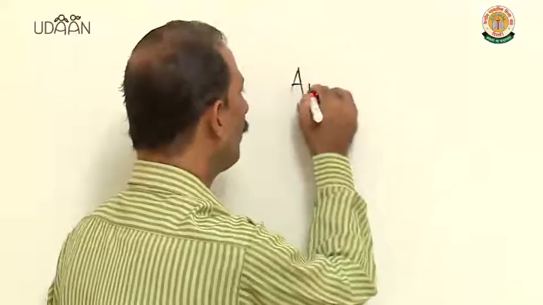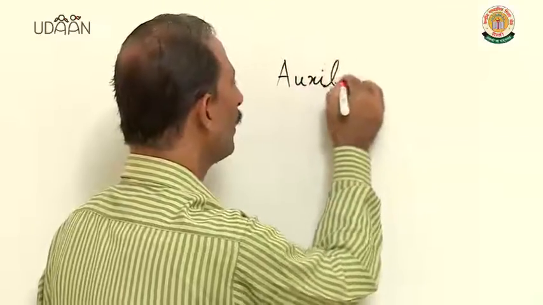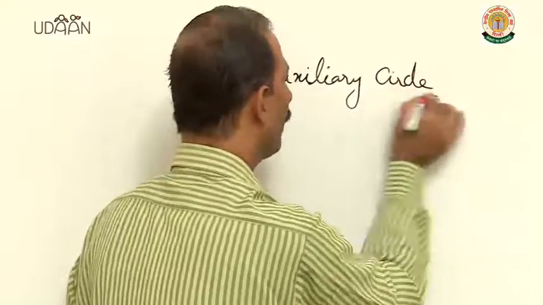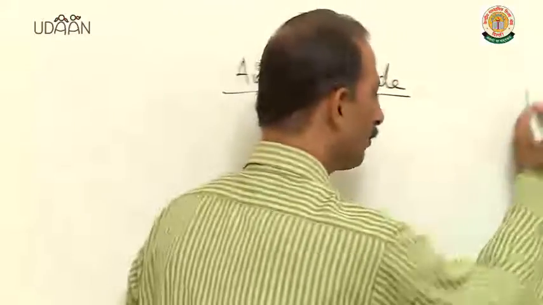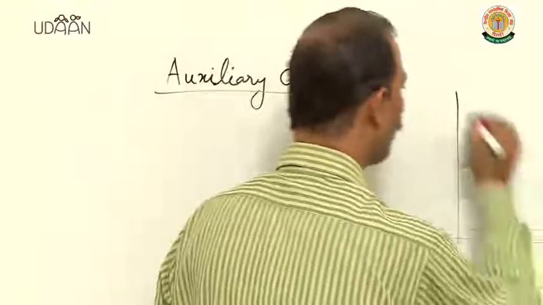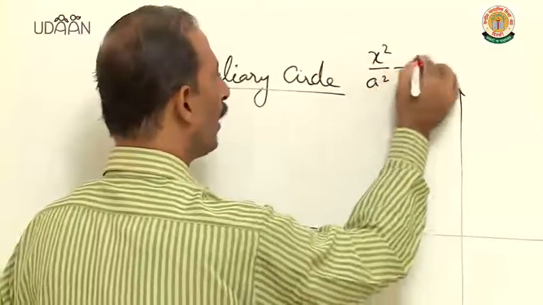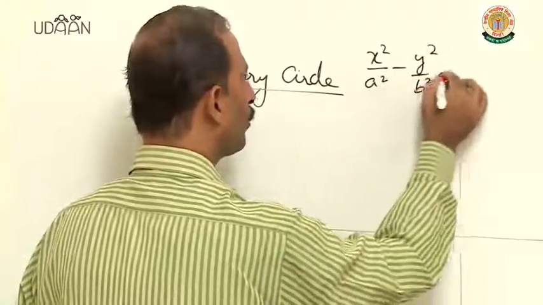Now, auxiliary circle. So what do you mean by auxiliary circle? You know the hyperbola. The standard form of the hyperbola, what is the equation? x square upon a square minus y square upon b square is equal to 1.